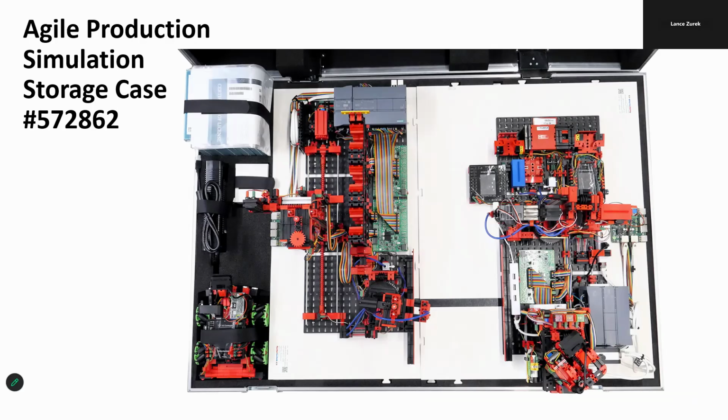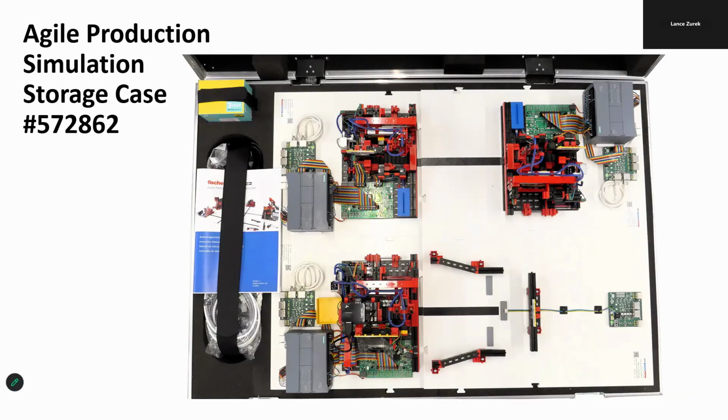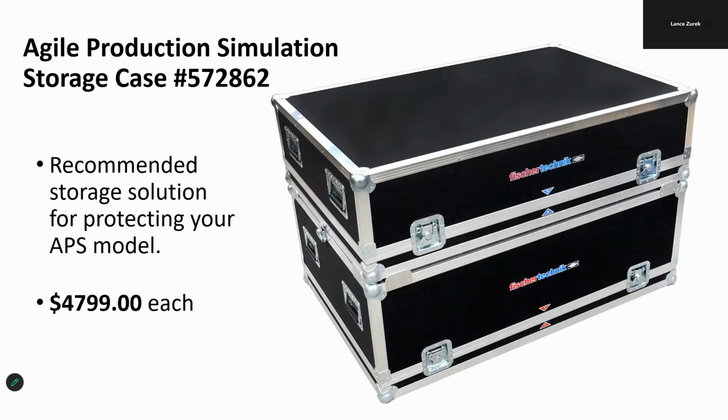The lower section of each case is lined with hard foam, while the upper sections have some foam to help cushion the various work modules while in storage. The dimensions of the case are approximately 48 by 32 by 29 inches, and it has a weight of approximately 75 pounds when unloaded.